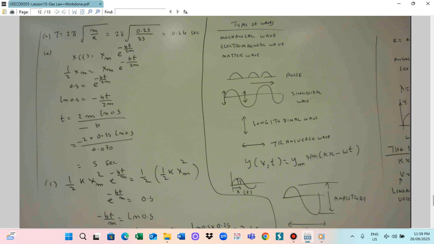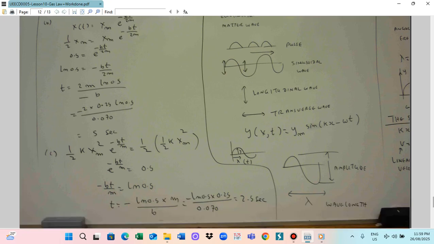Substituting, the mass is 0.25 kilogram, and b is 70 grams per second, so 0.070 kilogram per second. By calculation, t will be 5 seconds. Therefore t is equal to 5 seconds. This is the answer for part B.